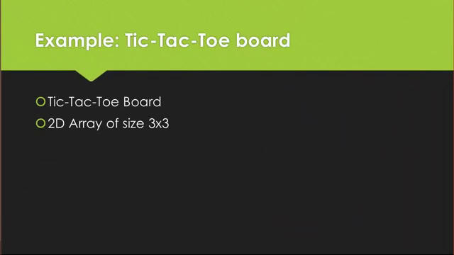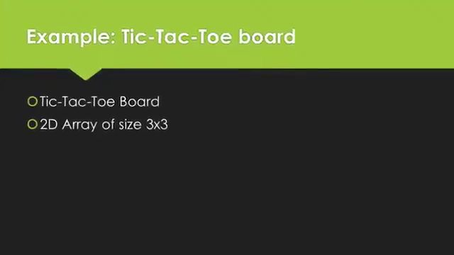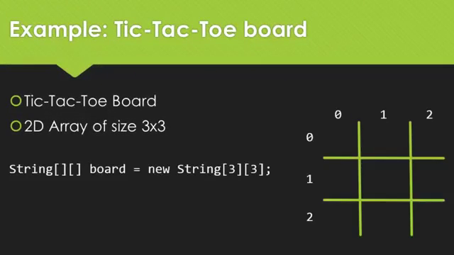Let's think of another example. This one's a little more real world. How about a tic-tac-toe board? Everybody knows the game tic-tac-toe, where you have 9 spaces. It's a two-dimensional grid of size 3. So there's the Java that makes my tic-tac-toe board. I say string array board equals new string of size 3 and 3. So I have 1, 2, 3, and then in those sub-indices I have 1, 2, and 3.